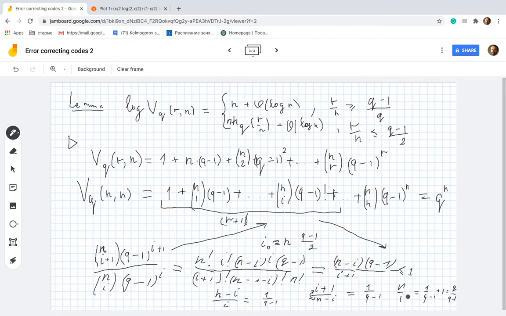So we have the largest term when n over i is q over q minus 1, or in other words, i over n is equal to q minus 1 over q.